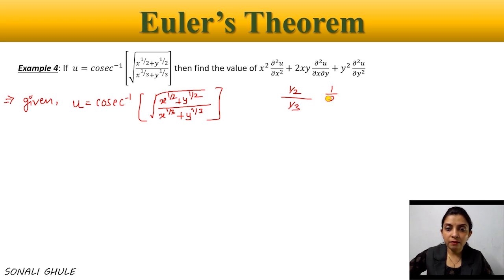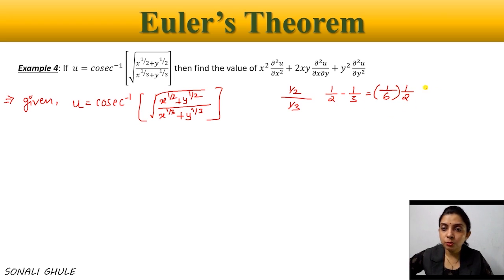I have to subtract: 1 by 2 minus 1 by 3. When I do this, the LCM is 6, right? So it is 3 minus 2, that means 1 by 6. But it is under a square root, which means I have to multiply this term by 1 by 2.